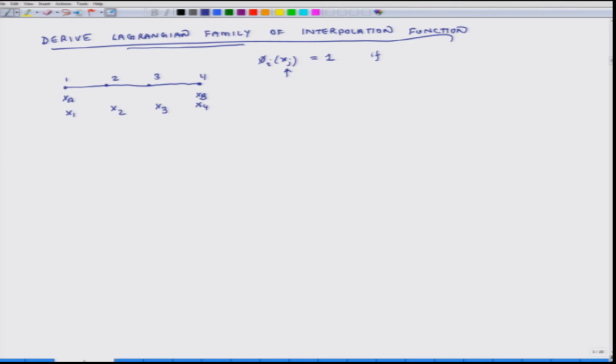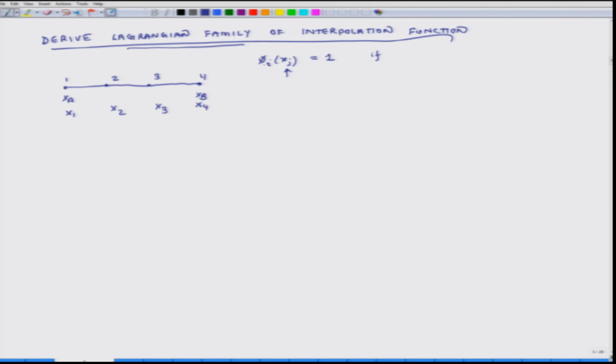This is discrete, the 4 values x1, x2, x3, x4. And phi will have 4 values also. There will be one phi associated with node 1, node 2, node 3, node 4. The value of phi i varies with x.